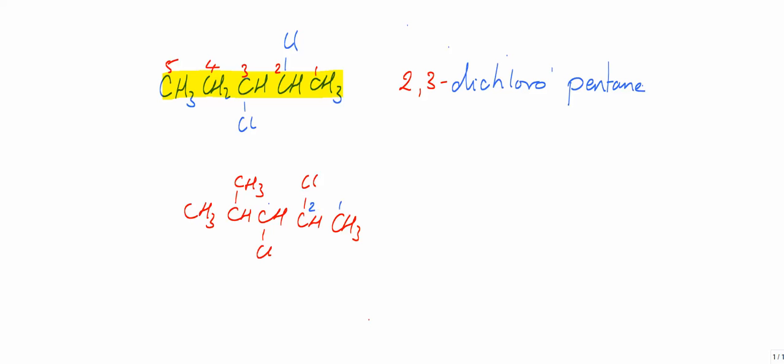We always number from the end nearest to the functional groups, and the functional groups here are the chlorines and not the methyl group. So this would be, again, 2,3-dichloro-4-methylpentane.